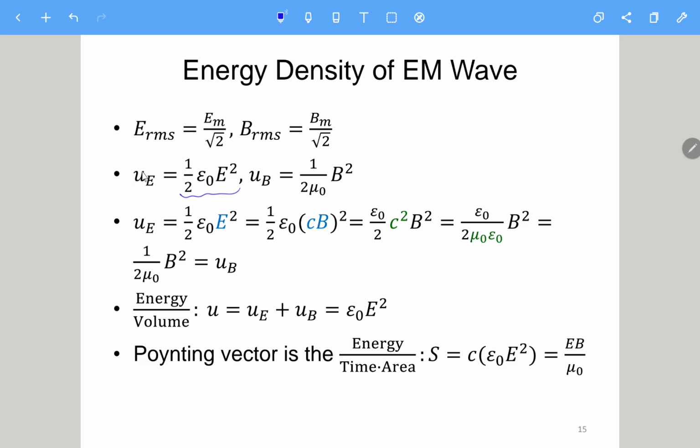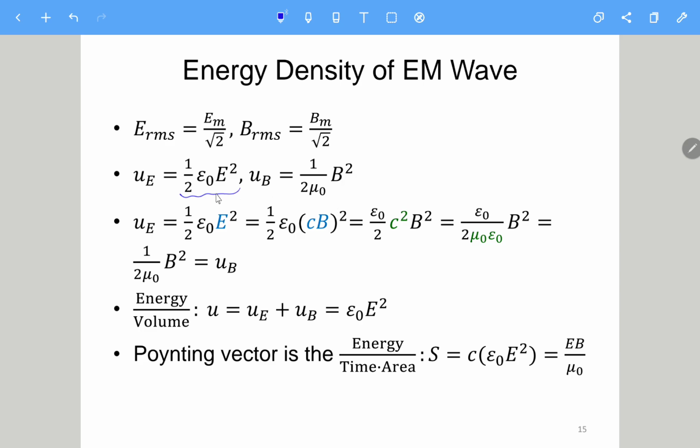At that time, we just wrote it as U, but in order to distinguish the energy density stored in the E field and the B field, we use UE here, and then UB for the energy density stored in the B field, which is B squared over 2 mu naught.